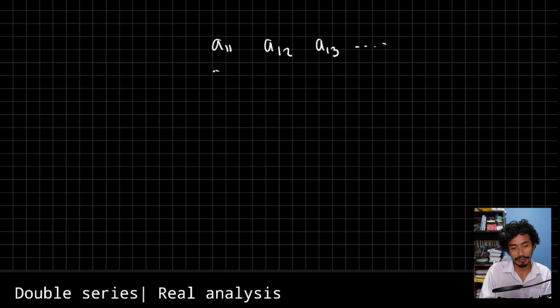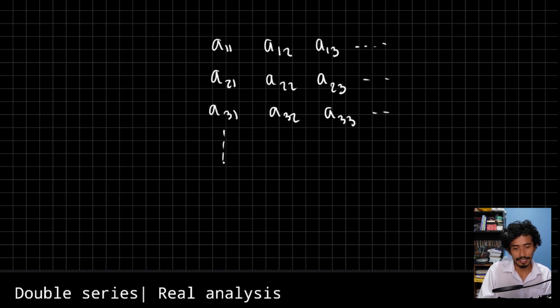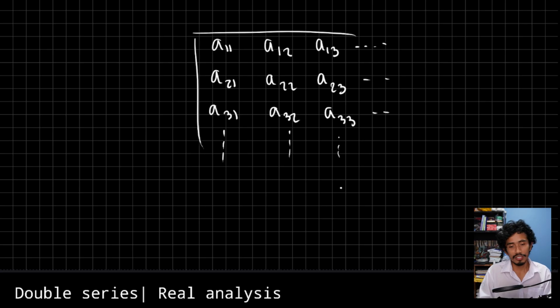But with double series, we add another row here, and we add another one. It's infinite, and this also goes to infinity. So this is pretty much like an infinite matrix. We are summing an infinite matrix.